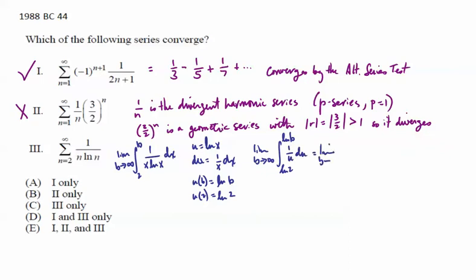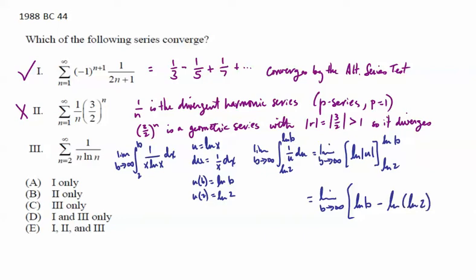And again, that's the limit as b approaches infinity of the natural log of the absolute value of u from ln of 2 to ln of b. We have natural log of b minus the natural log of 2.